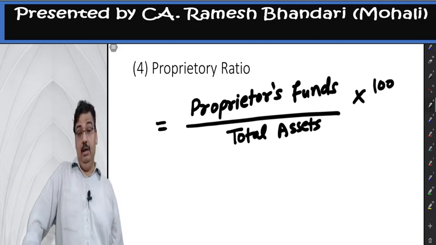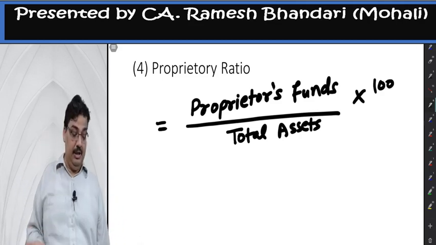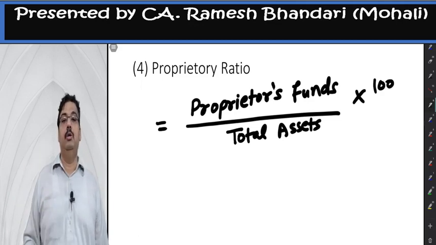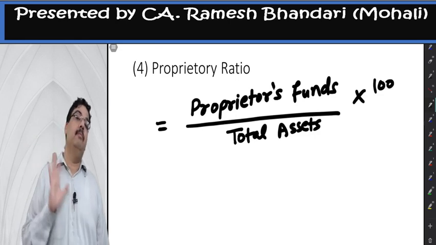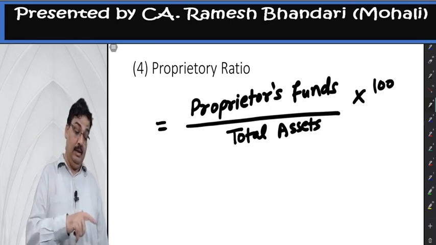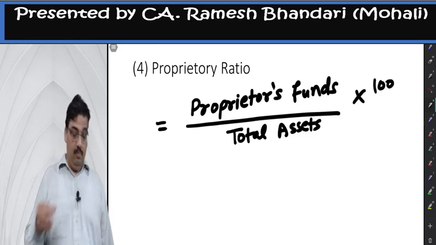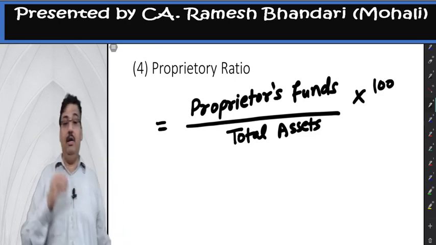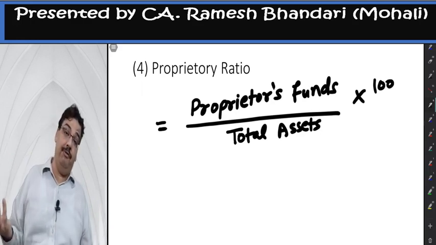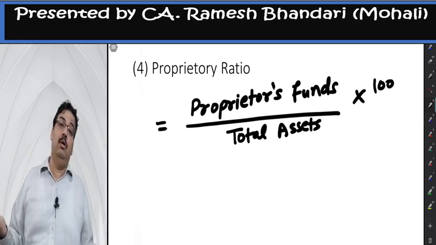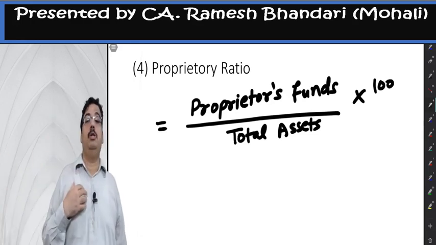It is telling me how much of the total assets are being financed out of owners funds. Proprietor funds, owner funds, the net worth, they are the same. In total assets, be very sure we are not including fictitious assets. What percentage of total assets is from owner funds? Balance is out of what? Debt funds. Balance is out of the loan funds.